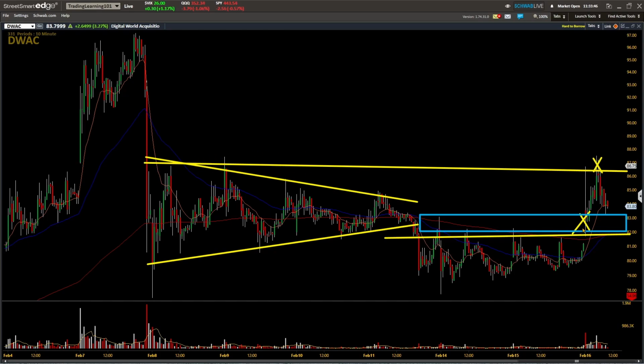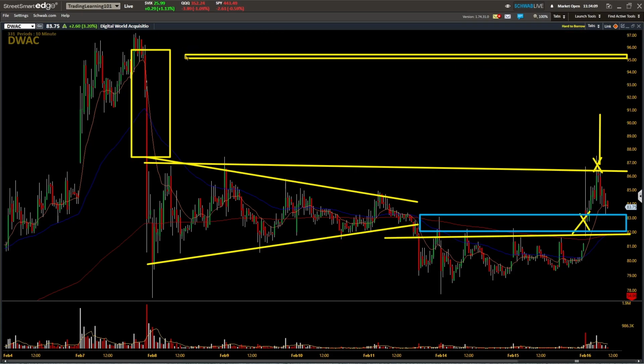So if we can continue to build and gradually make higher highs, higher lows, we're building up to break this resistance here, then that's where the stock could continue to rip and then fill all of this void right here in the chart. And you could see the stock run right back up to 95 or even push to a new high, $100. You just want to take it one level at a time.